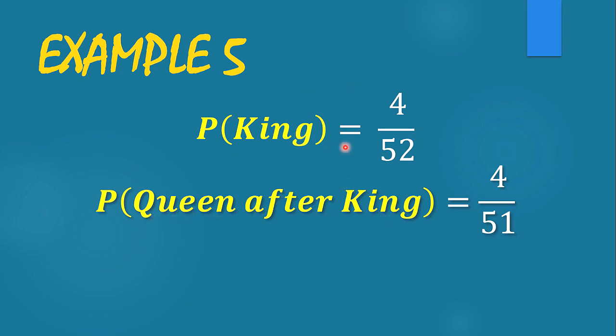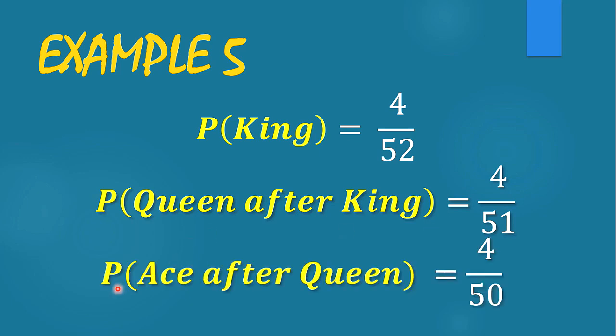Since we have taken a king card, the number of queen cards will not be affected. So we still have 4 queen cards in a deck because we have queen of hearts, diamonds, clubs, and spades. But again, the total number of cards will be changed. It becomes 51 since we have already taken 1 king card. So we have 4 over 51.